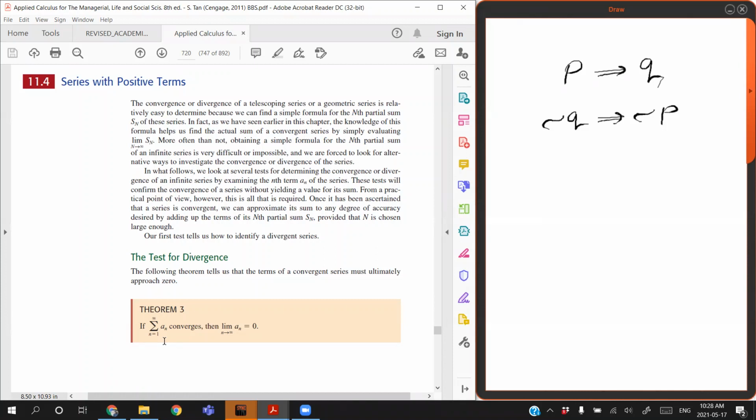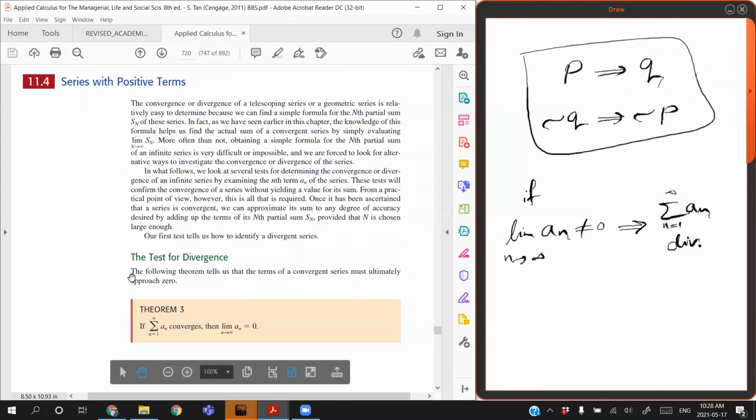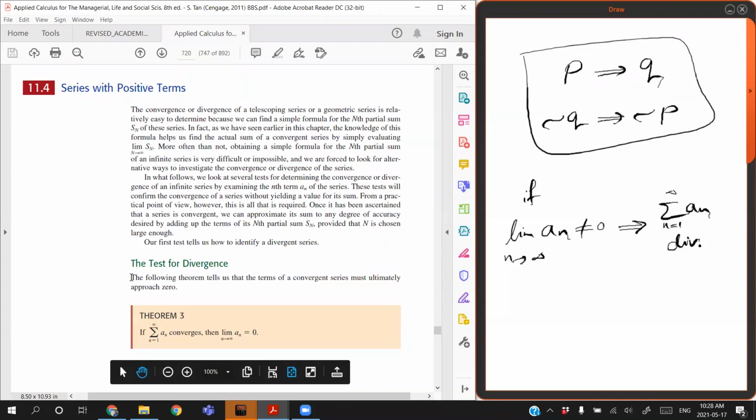So this theorem leads to another theorem, which says if the limit of a_n as n approaches infinity is not 0, then you can be 100% sure that the series sigma a_n from 1 to infinity diverges. So this is called the test for divergence.